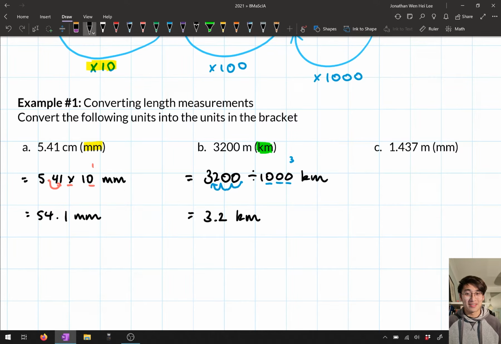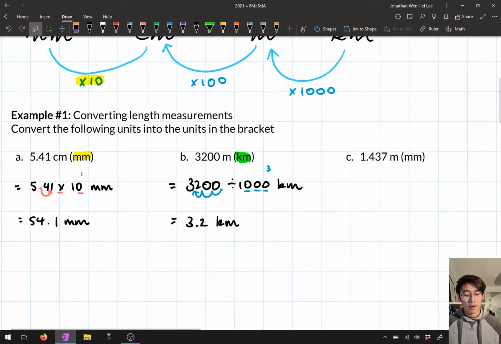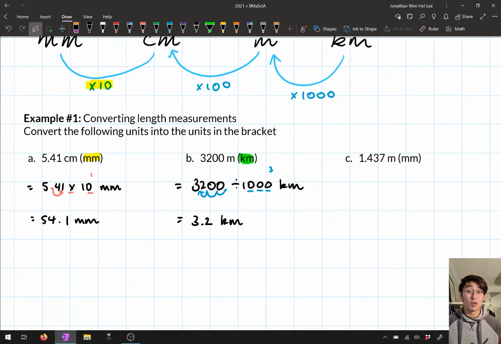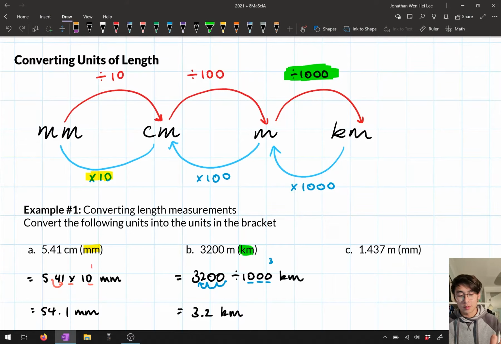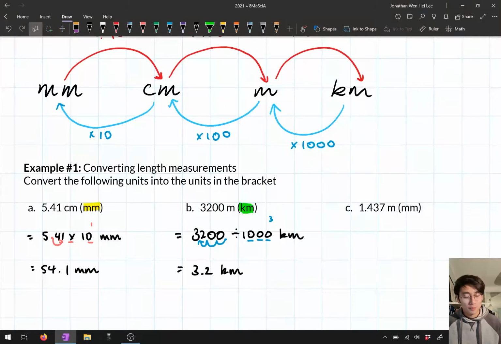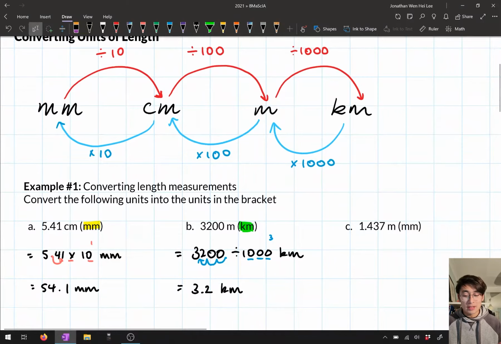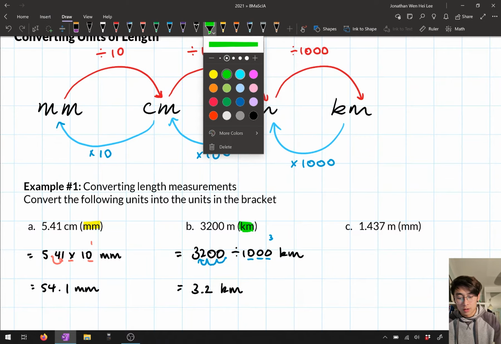Okay. Final example here. C, 1.437 meters, and I want to write that in millimeters. Now, if you have a look at our diagram, 1.437 meters, and we want this in millimeters.